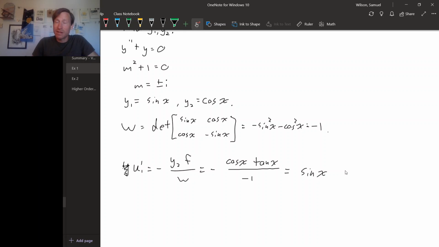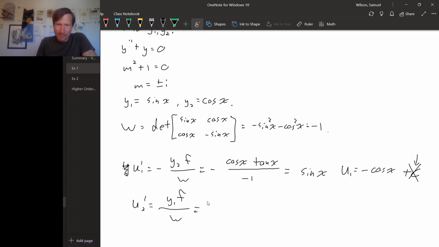So then we can integrate this to get u1. u1 is minus cosine plus a constant. But remember, we just need an example of u1. We don't need a general form for u1, so we can take this constant to be 0 if we want. Okay, now for u2, u2 prime is y1 f over the Wronskian.